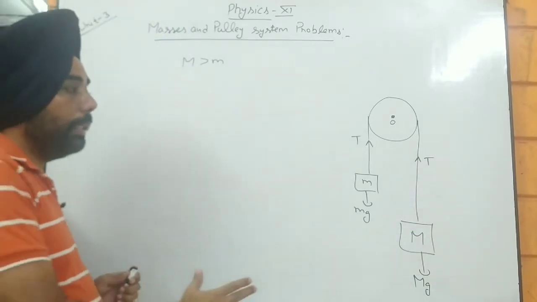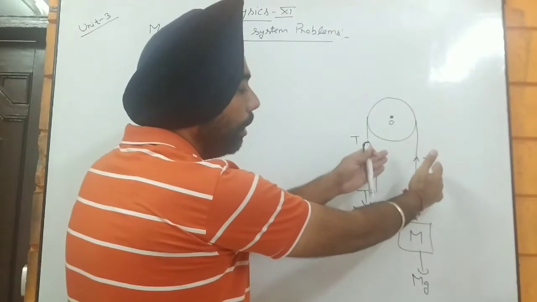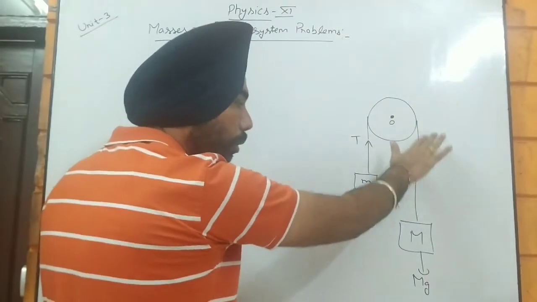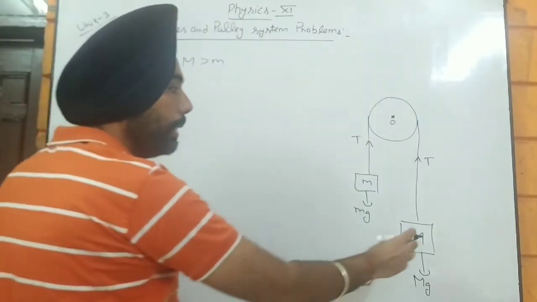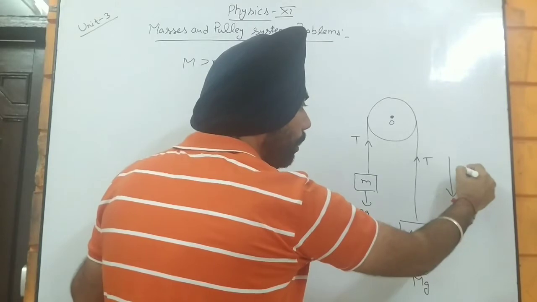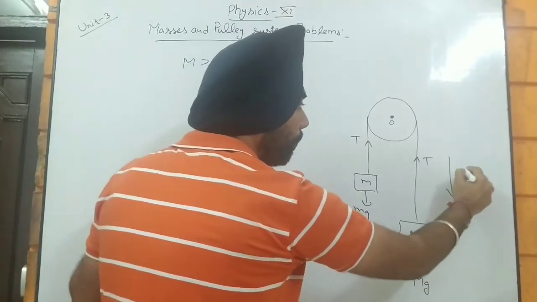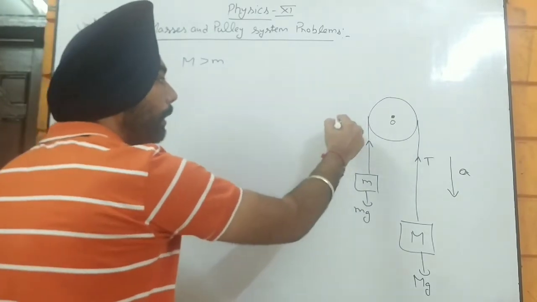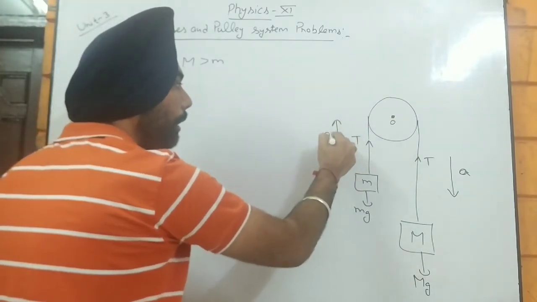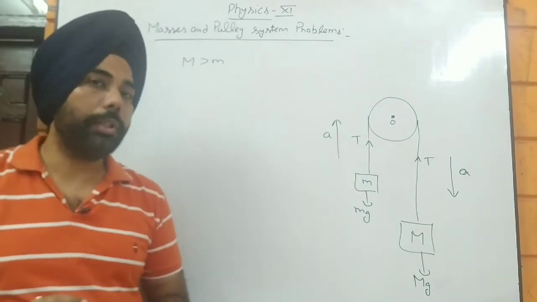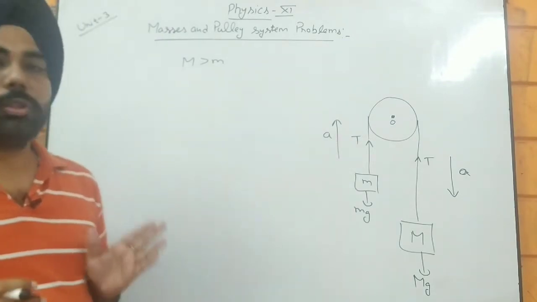Now you have clearly seen that the bigger mass system is always going in the downward direction, which means that system is going downward with acceleration a. Similarly, that system is moving upward with a similar acceleration a. That is how you make a free body diagram. This diagram is very simple.